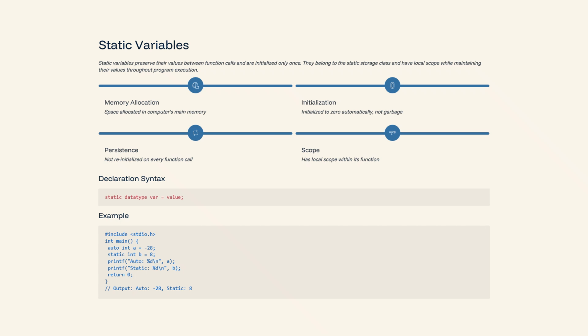We have seen the different types of variables: local variables, global variables, and static variables. Understanding tokens and variables is essential because every C program depends on them. In the next session, we'll discuss data types, constants, and operators.